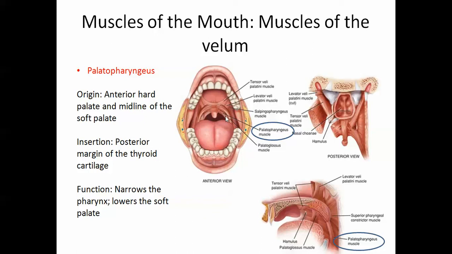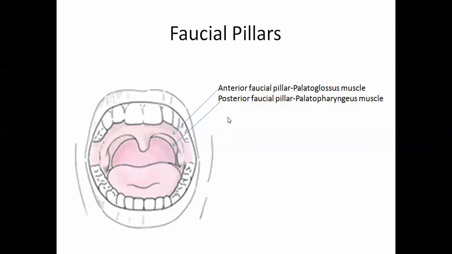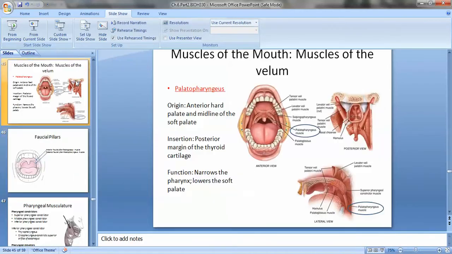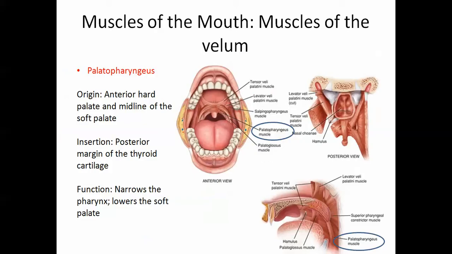And that's if you're a therapist who likes to test gag. So when that muscle contracts, it either is going to narrow the pharynx, which is your throat, the superior aspect of your pharynx, or lower the soft palate.